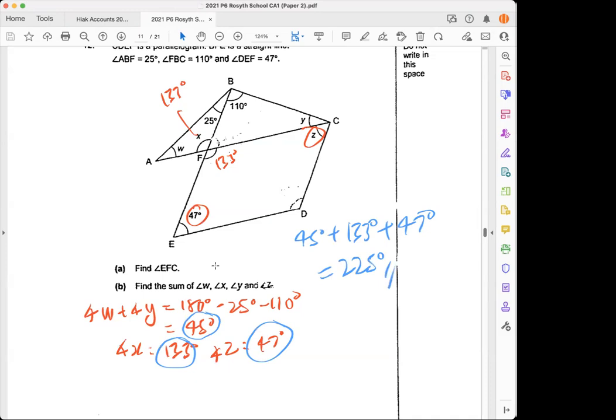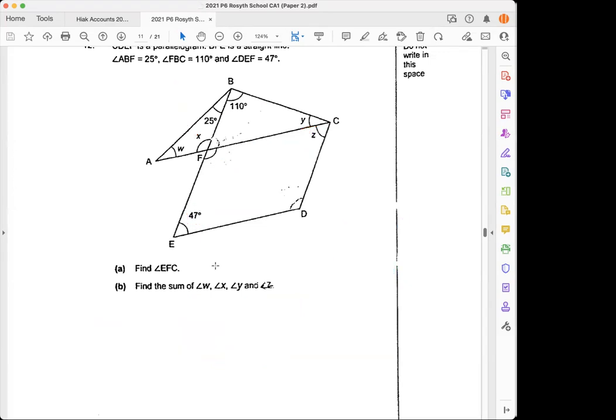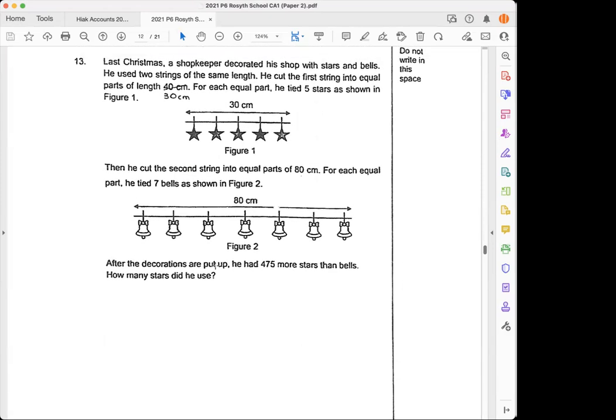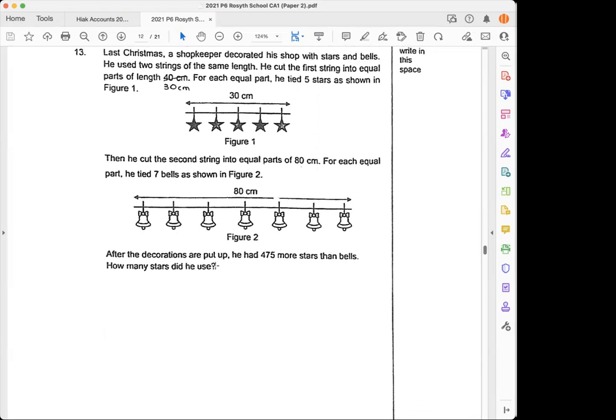Let's continue with question number 13. Okay, this one, I need some space. Never mind, let's try. So last Christmas, a shopkeeper decorated his shop with stars and bells.